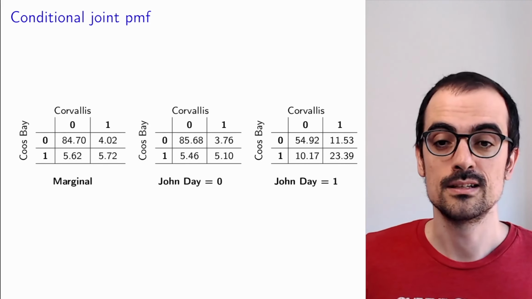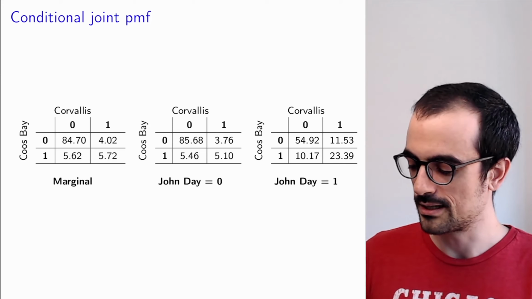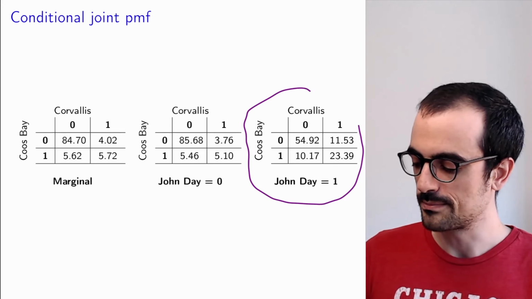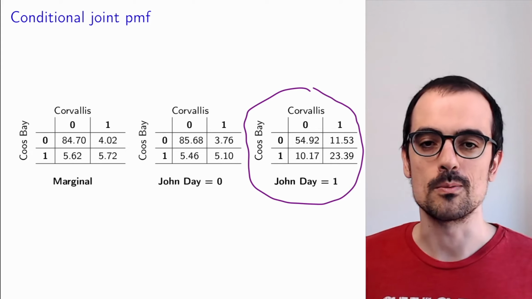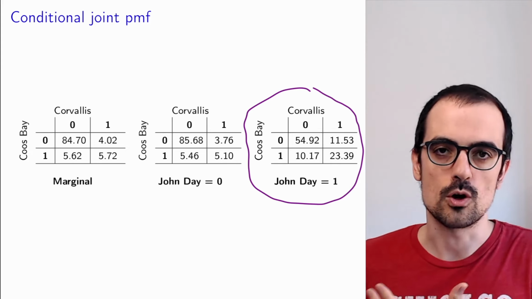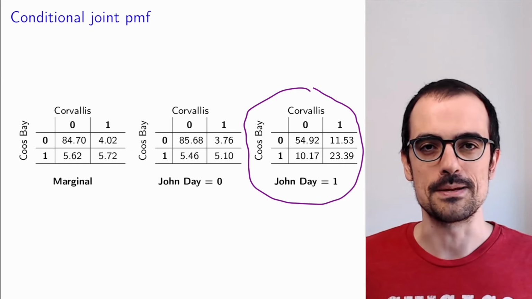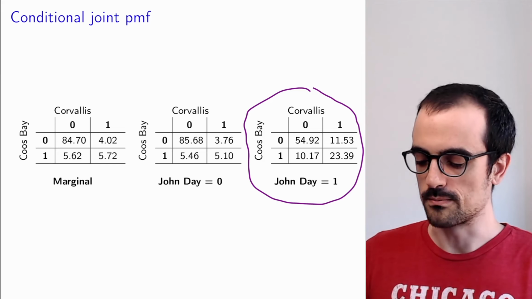And in fact, it's really different, right? When it's raining in John Day, there's a clear dependence between precipitation in these places. We see that the probability of it raining in Coos Bay and Corvallis goes up. It's always good when you've computed a conditional PMF to take a look at it and see if what you see makes sense, and of course compare it to the marginal.